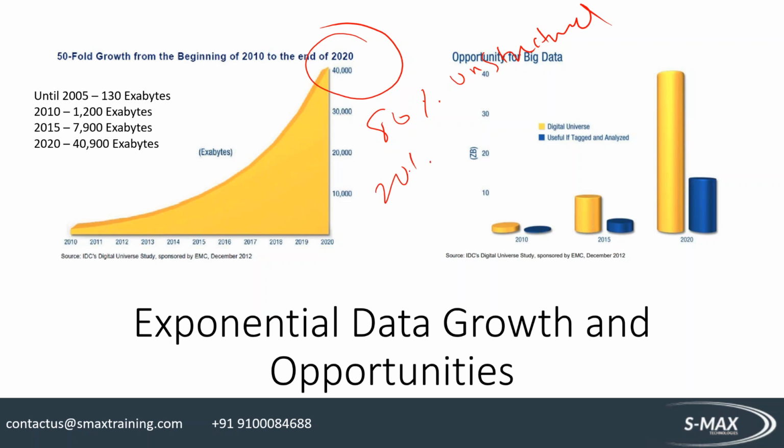Okay, 20% is structured. Structured means the data is already well structured, which you can analyze very easily. But most of the data is unstructured, so it is not easy to analyze this data. You need some additional skills to analyze this data. That is what big data is.